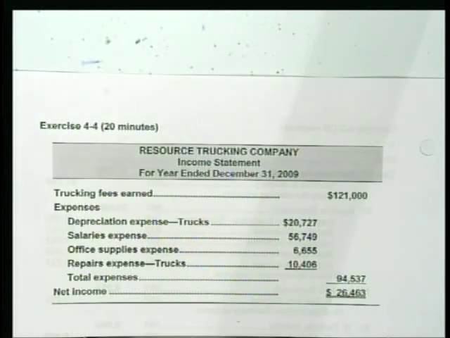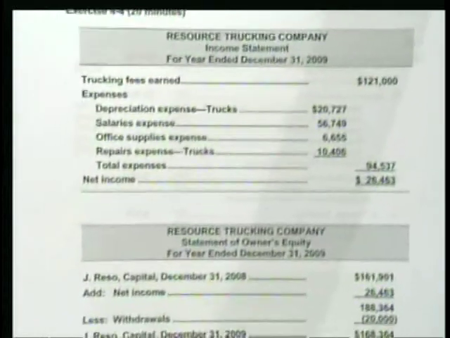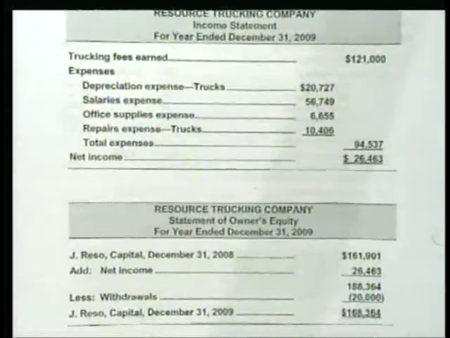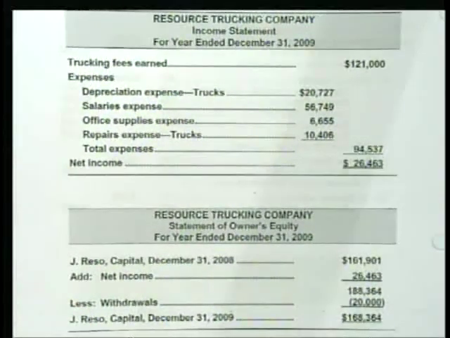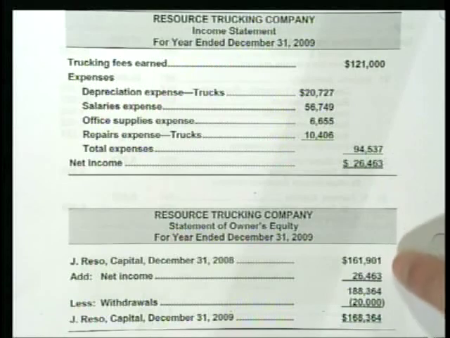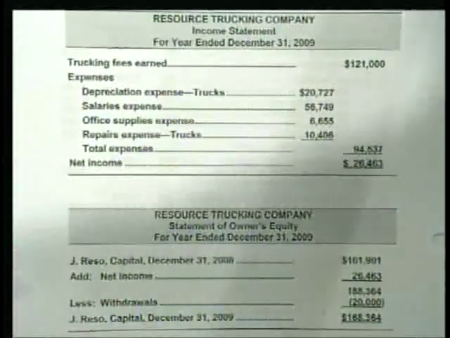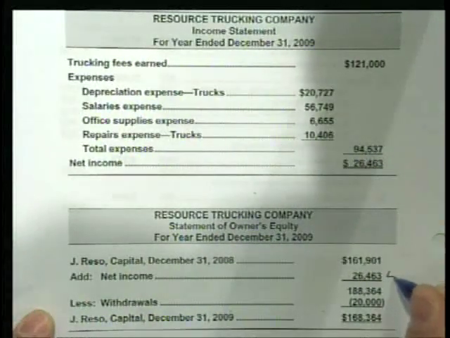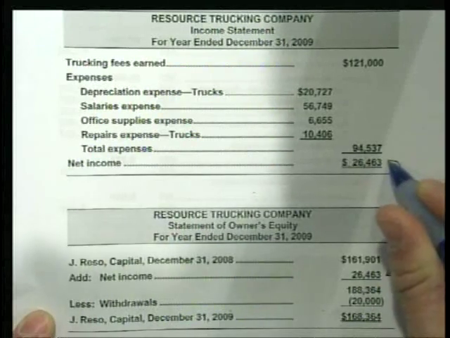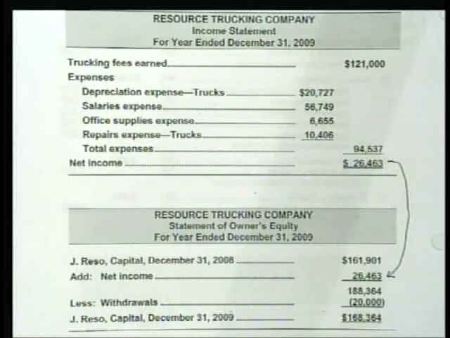The next statement we prepare is the statement of equity, and that is down below. This net income of 26,463 flows down there. So you take your beginning balance of capital, you add your net income, and you subtract out your withdrawals.